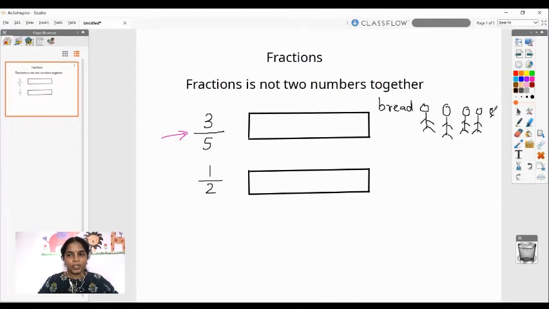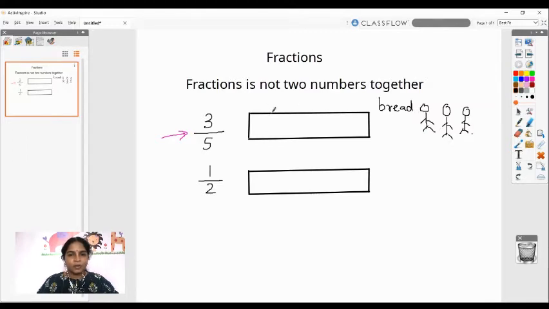Out of the 5 children, only 3 have come as of now. These two are not present now. But still we know that we have to give it to the 5 people.